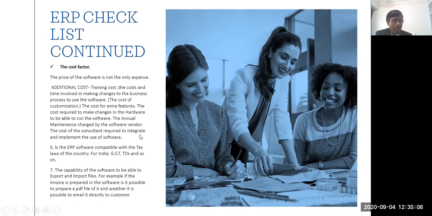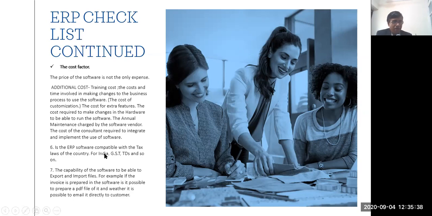So, a consultant is like your partner in seeing that the software investment which the company has made or is going to make is going to be beneficial. This is also very key.